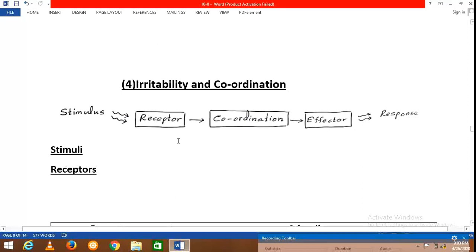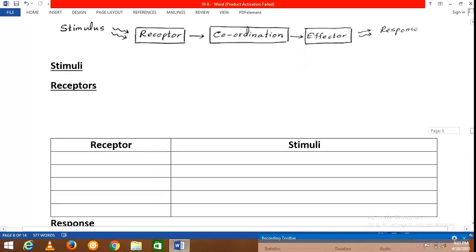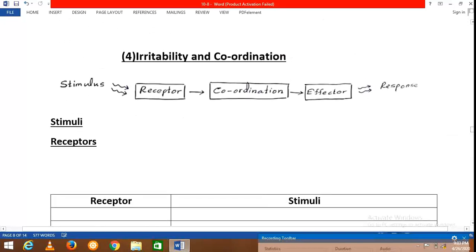If we mention the 5 receptors: ears, eyes, nose, tongue and the skin, these are the 5 sensory organs we have. Then stimuli are taken by those receptors, and then finally we have to come up with a response.